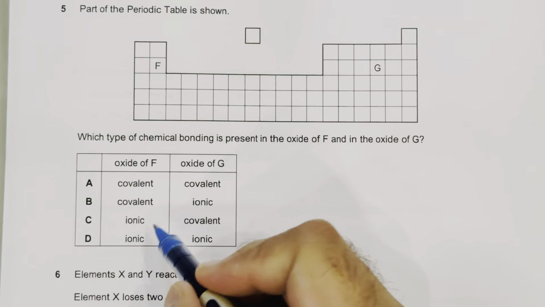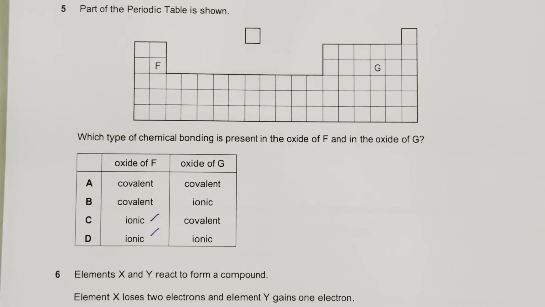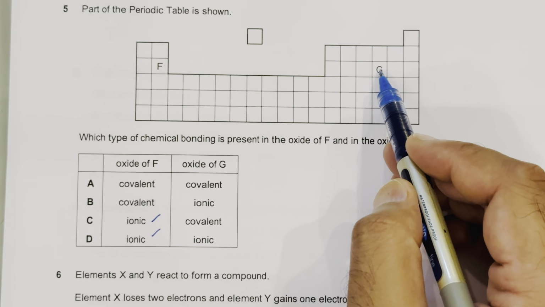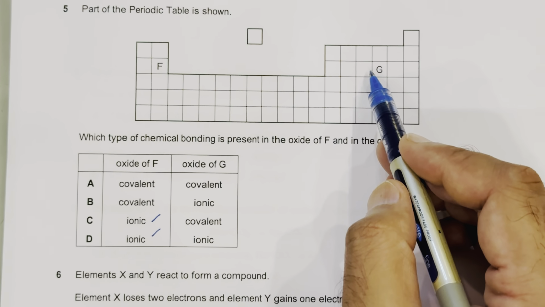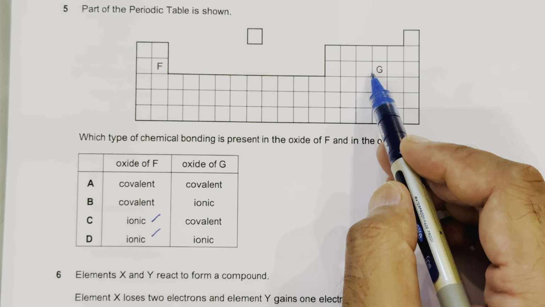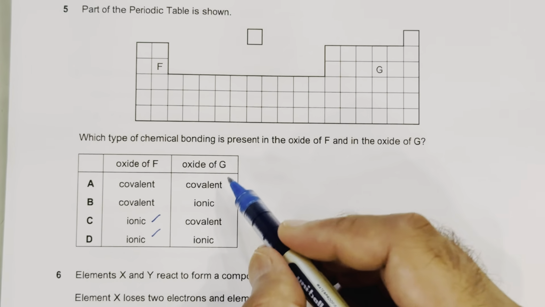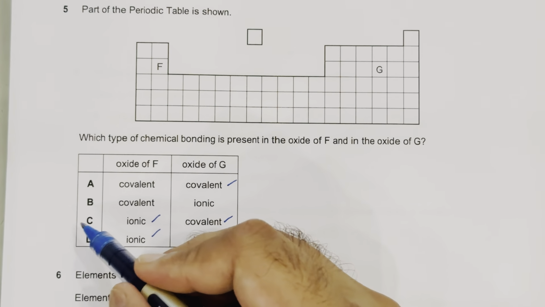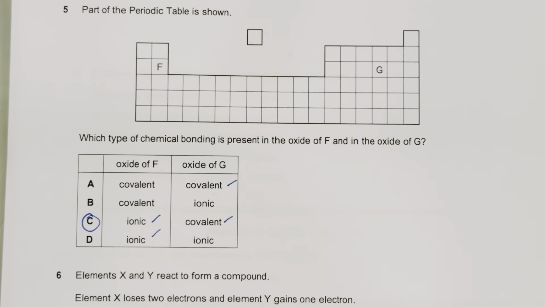So the oxide of F should be ionic, and for the oxide of G, we know that G is a non-metal. When a non-metal forms an oxide, it forms a covalent bond. So option number C is the valid option for both cases.